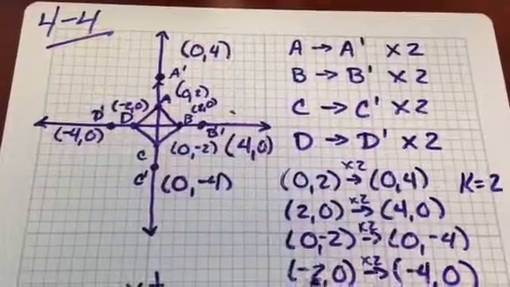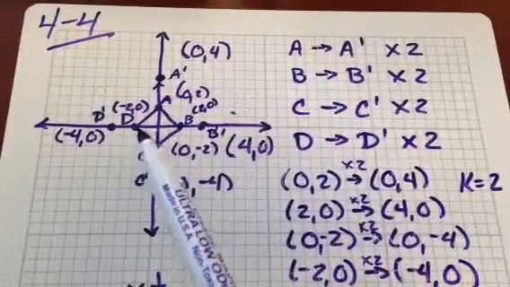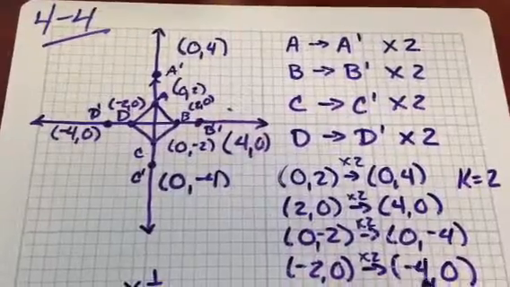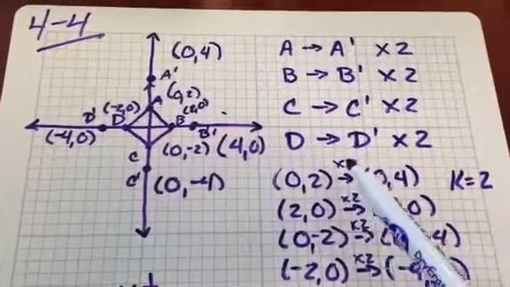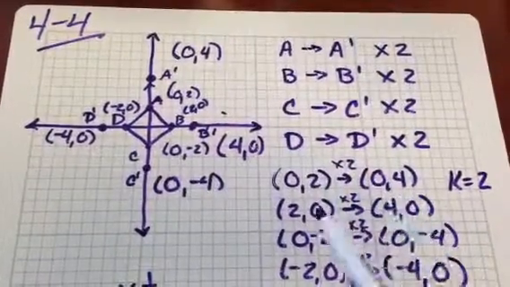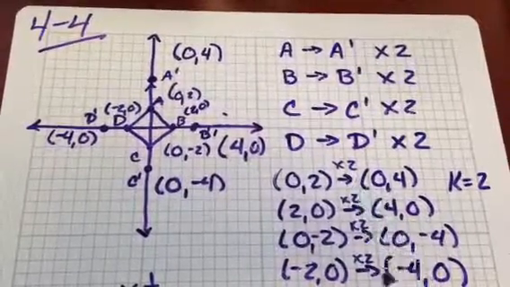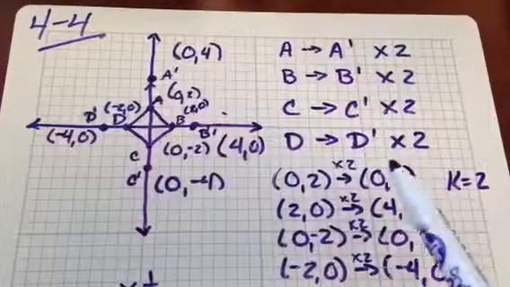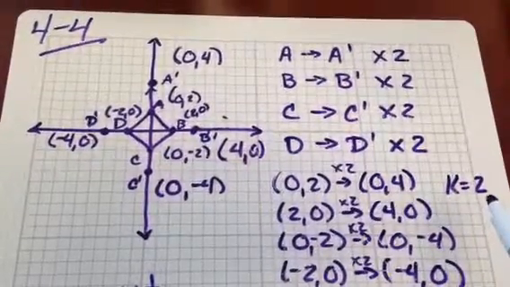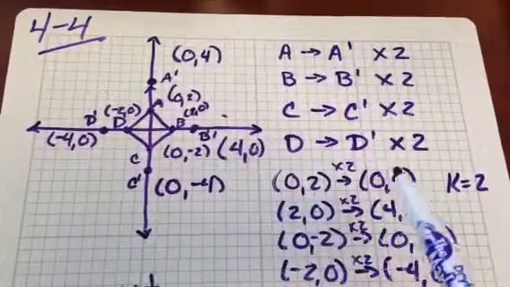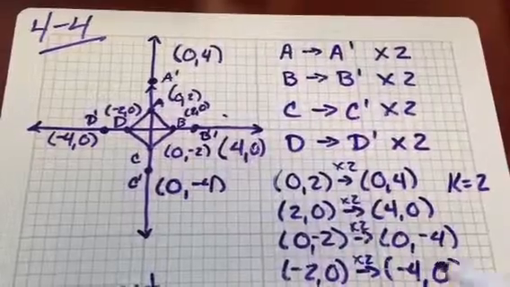And D started at -2, 0, move it 2 times away, and it becomes -4, 0. What that means is that each of these points has been doubled. The scale factor for this dilation would be 2, meaning I have to multiply everything here by 2 to get to the new point.